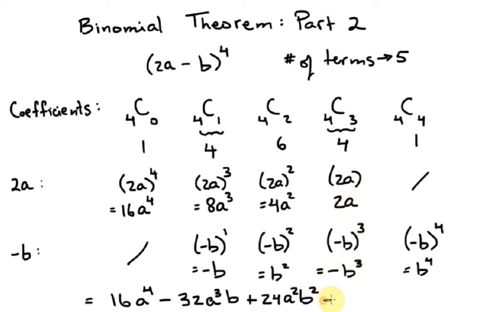So it'll be negative, and it looks like 8, and just one little a, and 3 b's. And then the last one is 1 times nothing times positive b to the 4. So I put all my ingredients together, and this is the expansion. The binomial theorem in action. All right, good place to stop, I think.